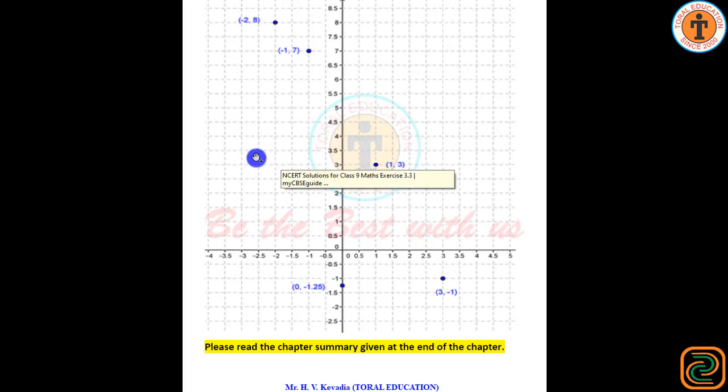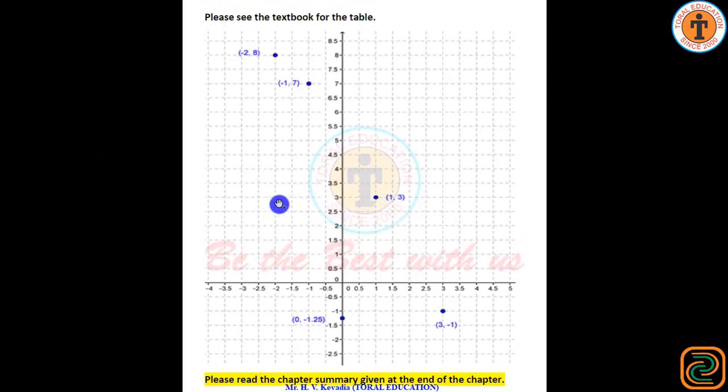Okay, now we will see here. I have taken 0.5, -0.5, 1, -1, -1.5. So the scale measure on the x-axis and y-axis both is 1 centimeter equals 0.5.